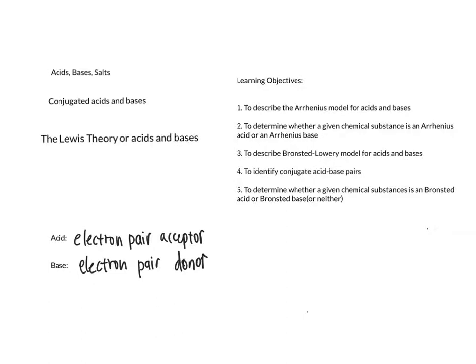And same question, what is the relationship between the Lewis theory and the Bronsted-Lowry theory? We will start off with the Lewis bases. It is easiest to see the relationship by looking at exactly what Bronsted-Lowry bases do when they accept hydrogen ions.